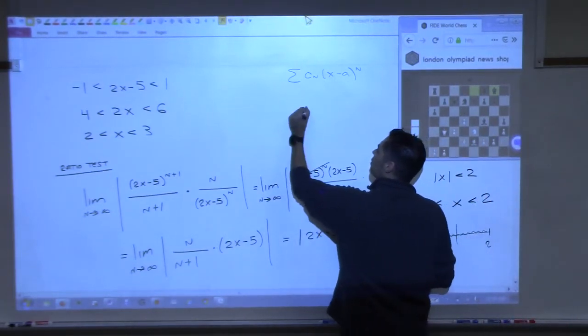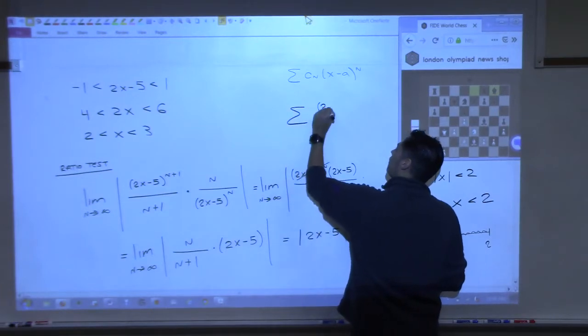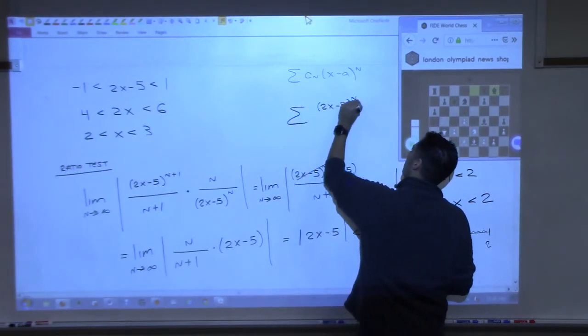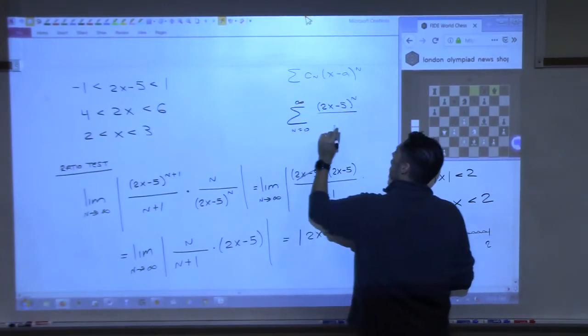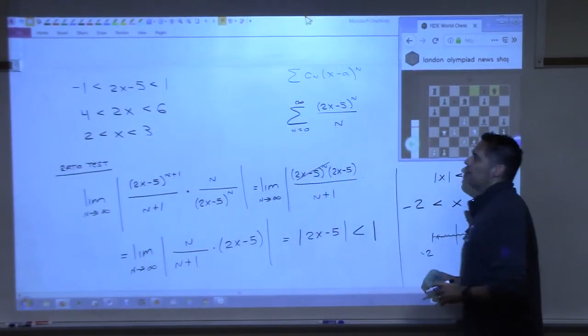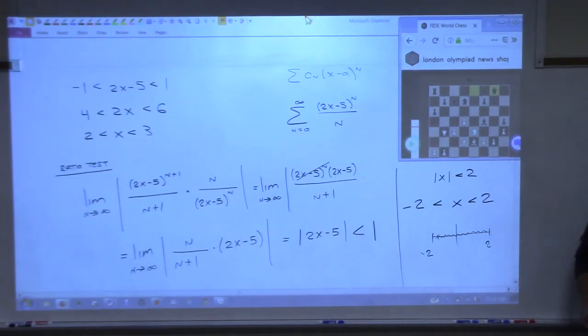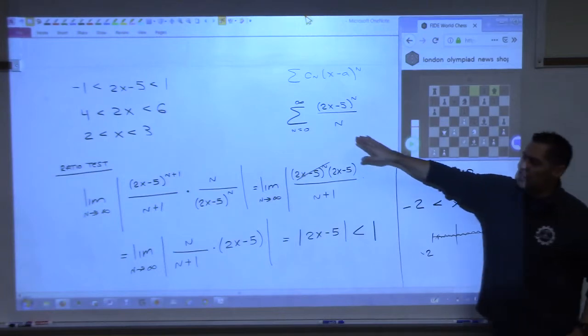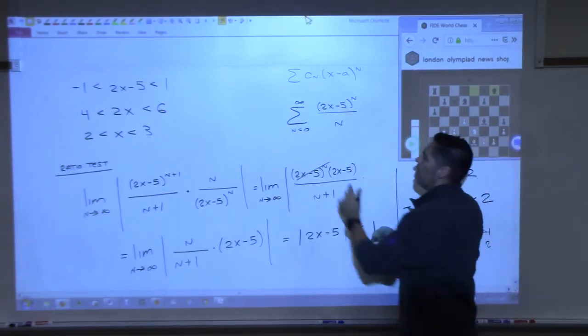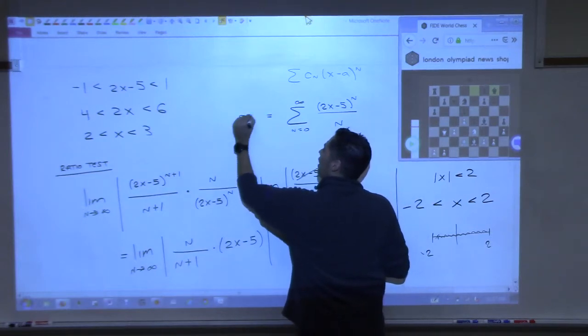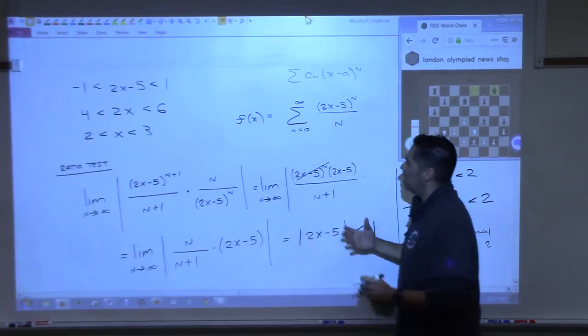So far, here's what we know. Okay, look. This is the original series, right? I'm trying to figure out if I can define this as a well-defined function.